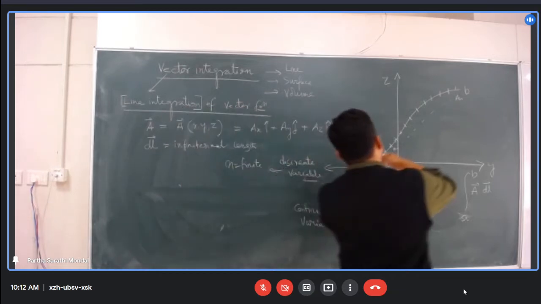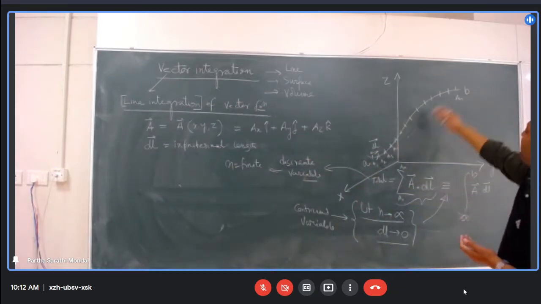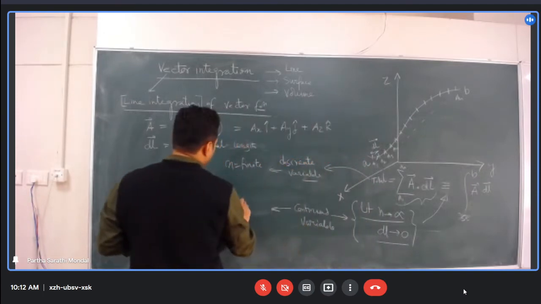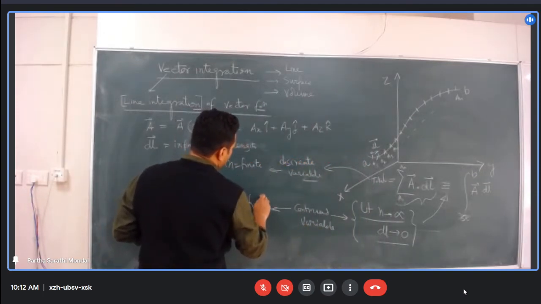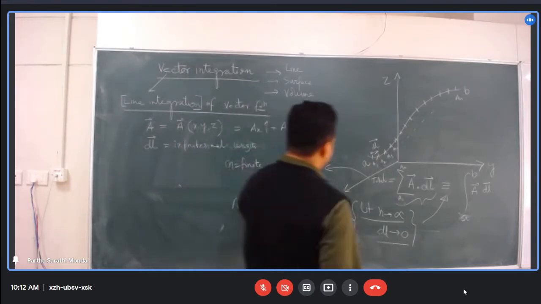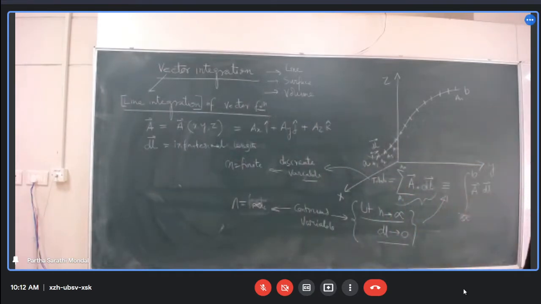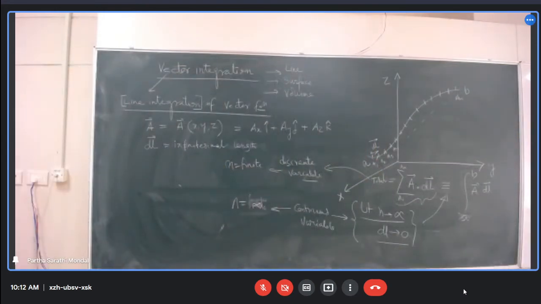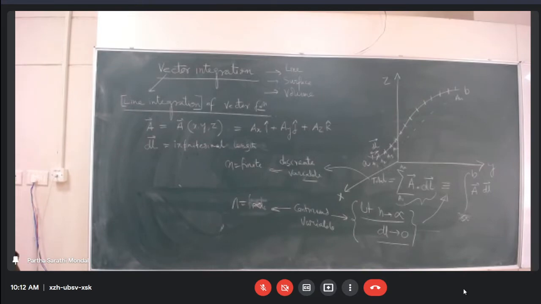You divided the whole length with a finite number of points, and here we divided the whole length with an infinite number of points. So that's why it becomes a continuous variable. समझ में आया? What is the basic idea of line integral? Yes, sir. Very good.